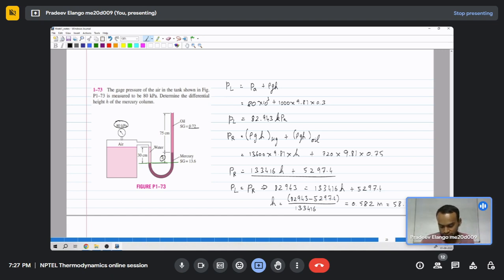So currently it is 80 kilopascal and this height is 58.2 centimeters. When the pressure on the air side, that is left, instead of 80 becomes 40 kilopascal, then the height H will be lesser or more than this? Lesser. Yes, it will be lesser.